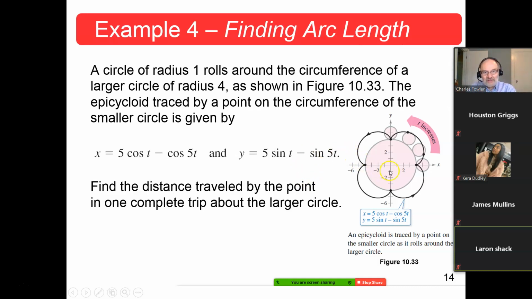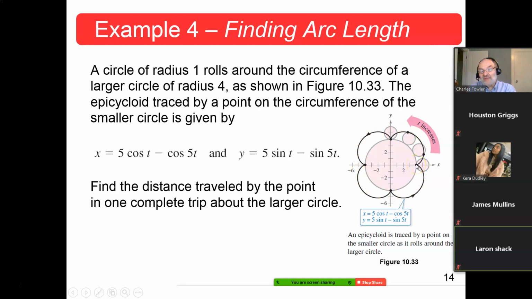Okay, so these are your parametric equations. It says find the distance traveled by the point in one complete trip of the larger circle. Now what you're going to be tracing is a distance, that's how far this thing is moving here, here, here, and here.